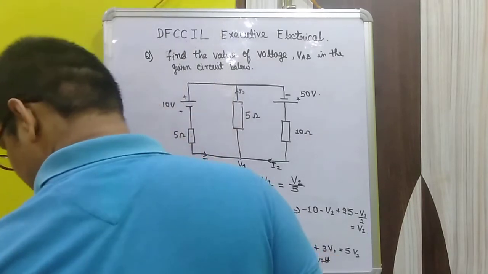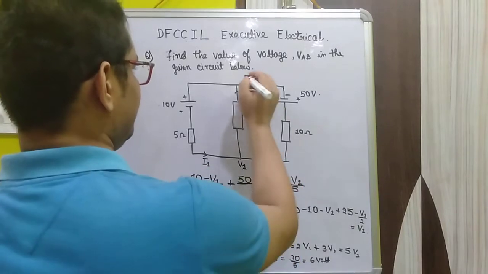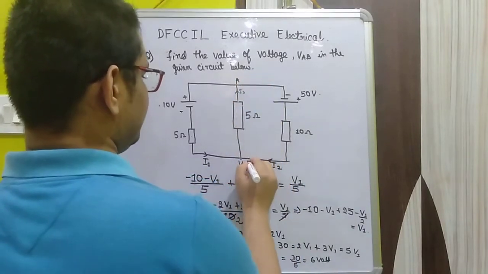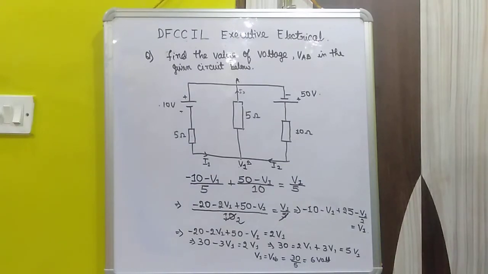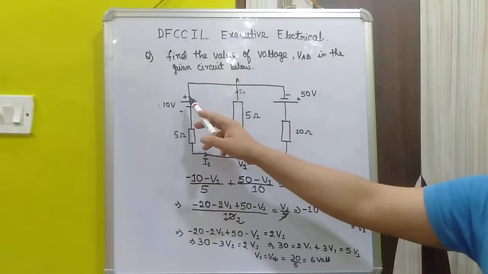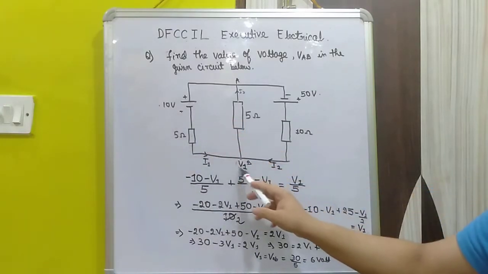These are the two terminals, A and B. This is how we have calculated the voltage. I think it is very easy to solve. We took the reference voltage V1.